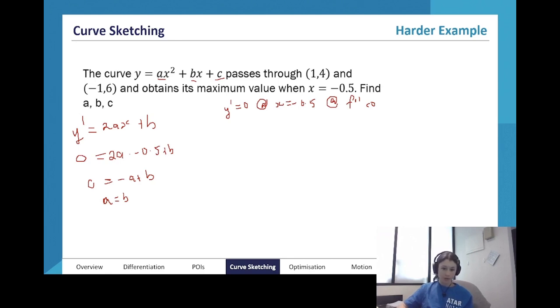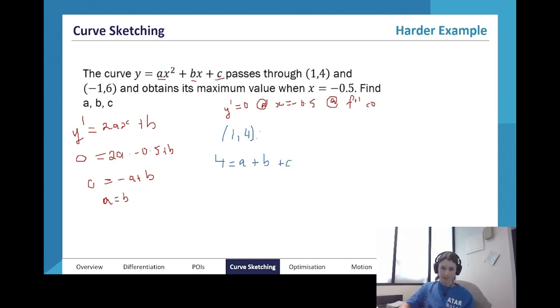So what we also have is these two coordinates. We can sub in these x and y values to come up with two different equations in terms of a, b, and c. So subbing in (1, 4), we are going to get 4 equals a times 1 squared plus b times 1 plus c.